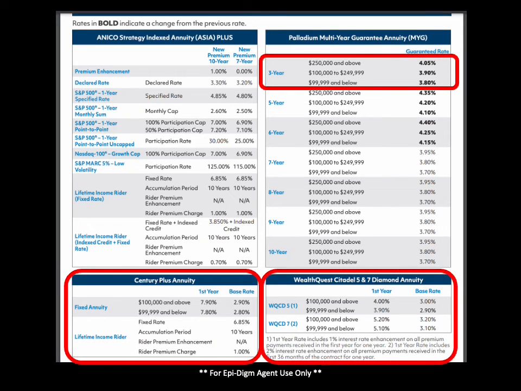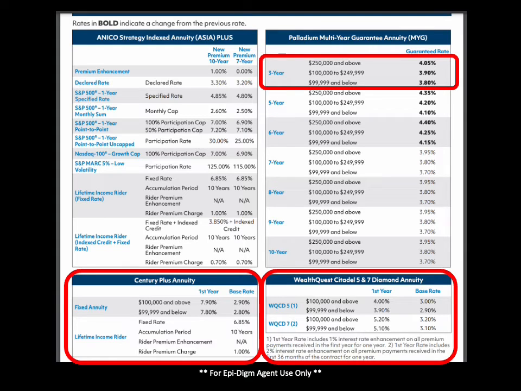Another one is Wealth Quest Citadel 5 and 7. Once again, this is a fixed annuity. 5 means 5 years, 7 means 7 years of surrender charges. And you see the interest rate, 100,000 and above, for 5 years is 4% the first year, and the base is 3%, which means it's got a 1% guarantee.